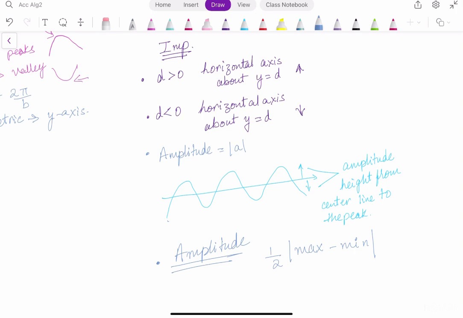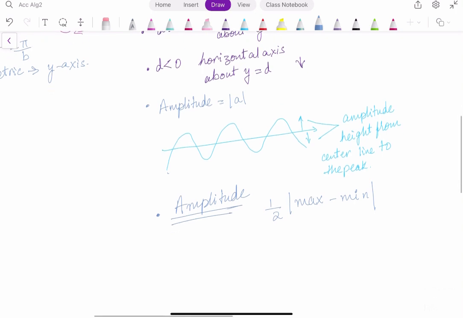So if I know the height of max, that means the peak from the center line to the peak or center line to the valley, if I subtract them times 1/2, that will be the amplitude. So basically, vertical height from the midline.